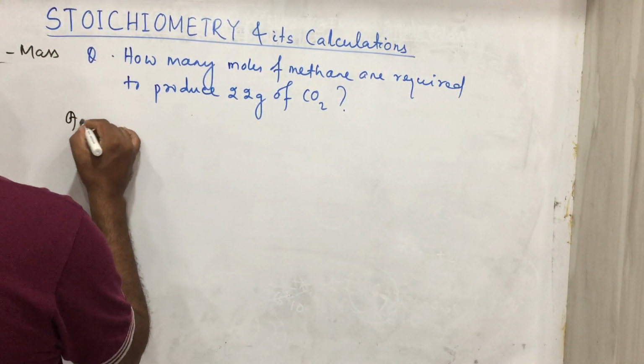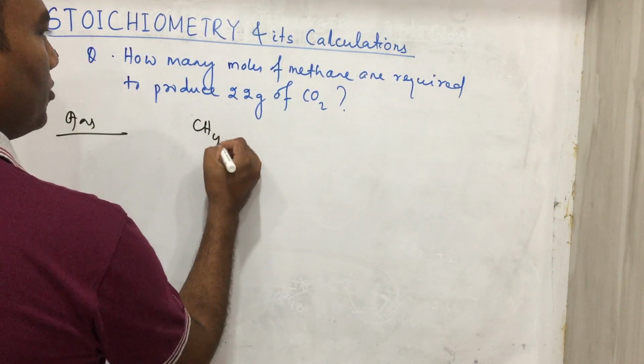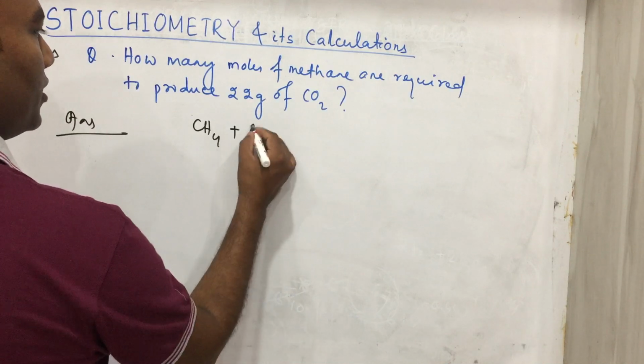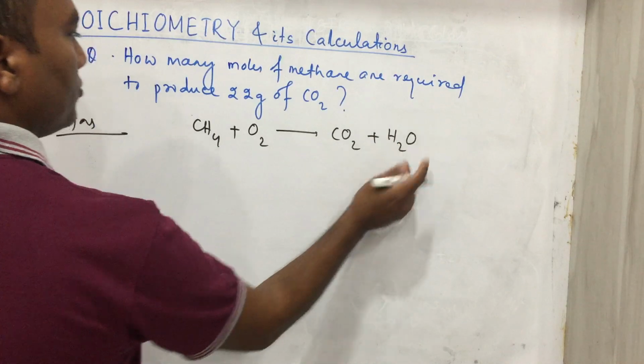So how can we solve? Write the equation. Methane CH4, burning with O2, gives CO2 plus H2O.